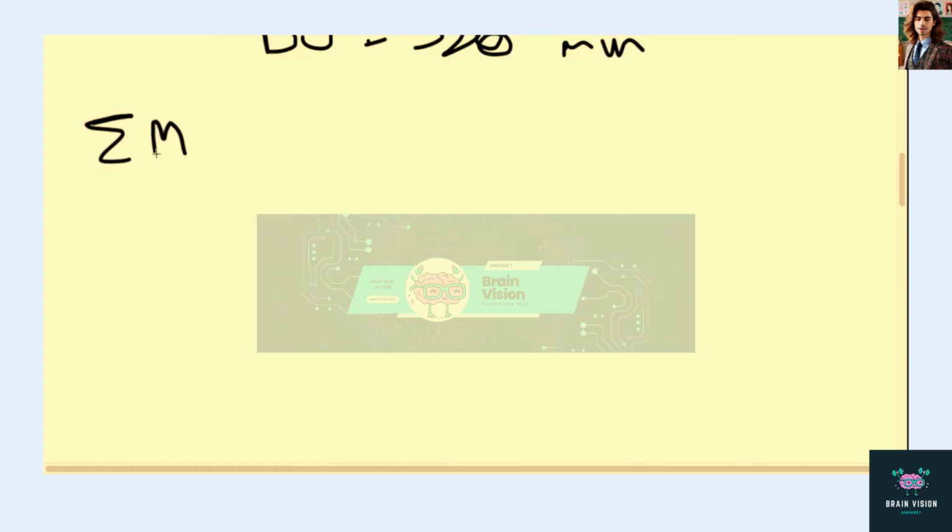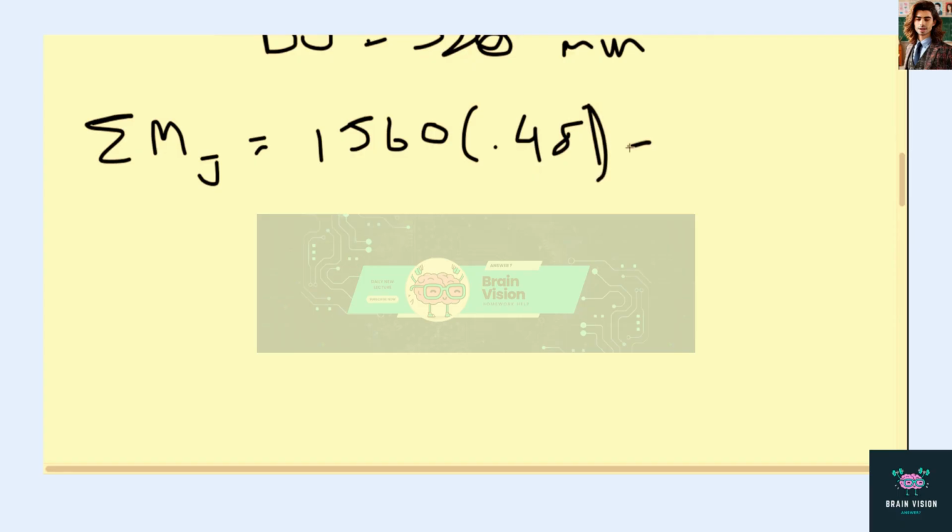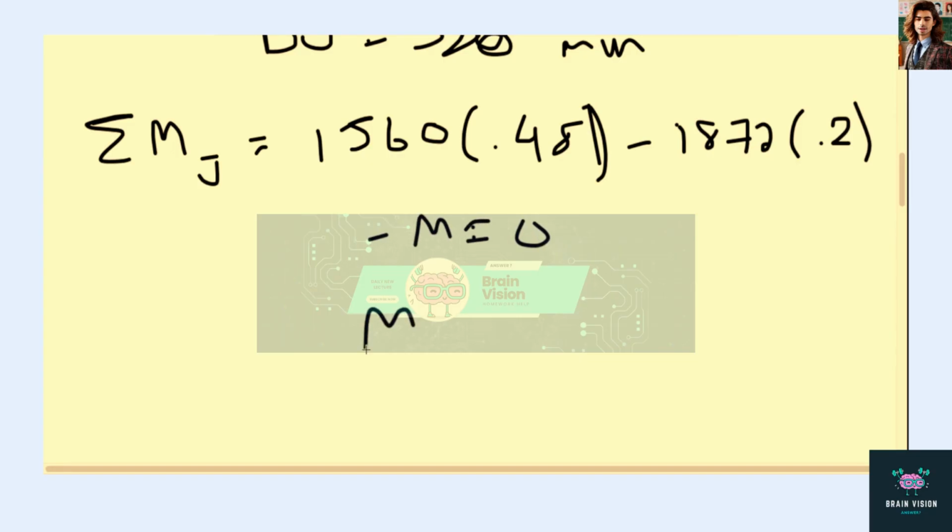So the moment about J is going to equal 1560 times 0.48, which is that vertical distance, minus 1872 times 0.2 minus M equals 0.